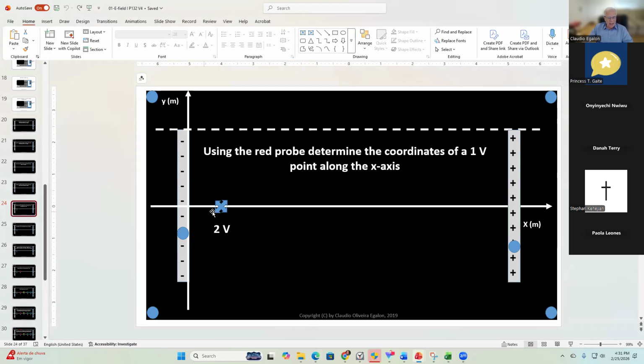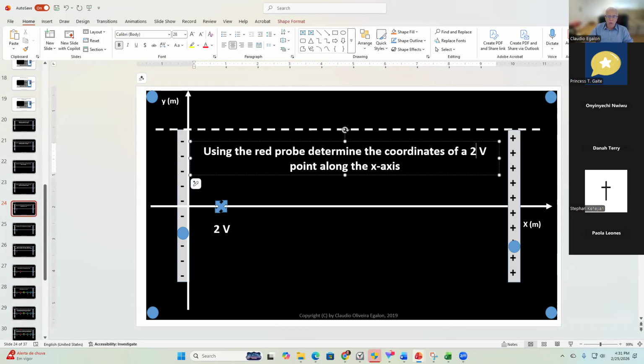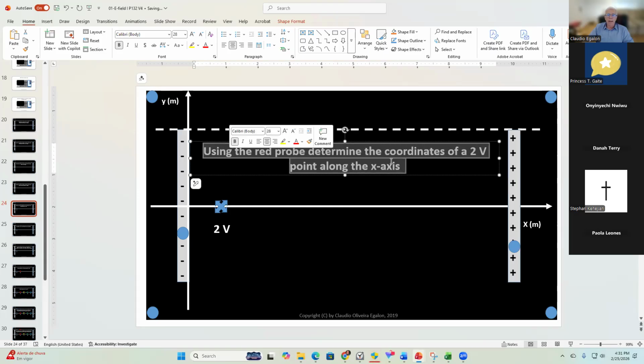So you slide the red probe of the multimeter along this line and find where you can measure 2 volts. Once you find the place where you're measuring 2 volts, you should read the coordinate. Using the red probe, determine the coordinates of a 2 volt point along the x-axis. Let's copy that and place it there.